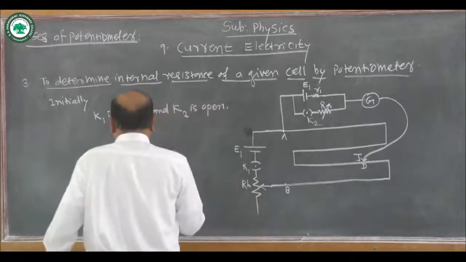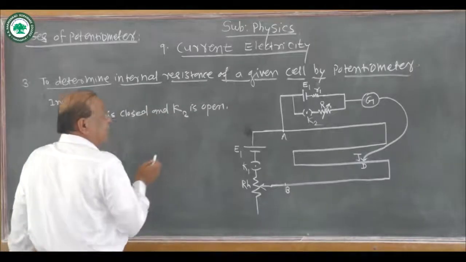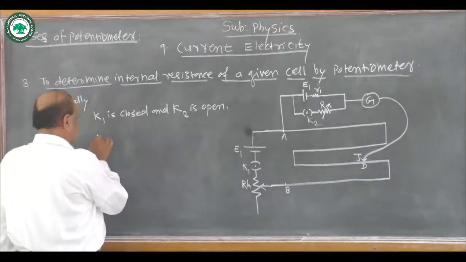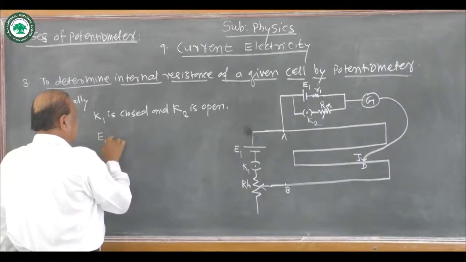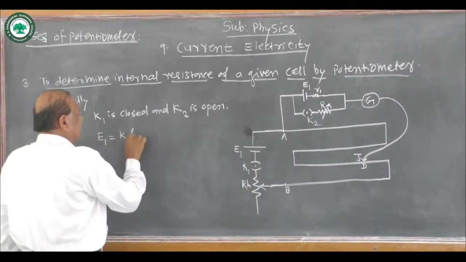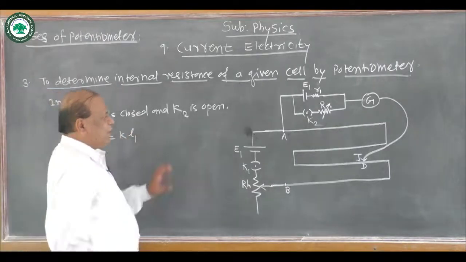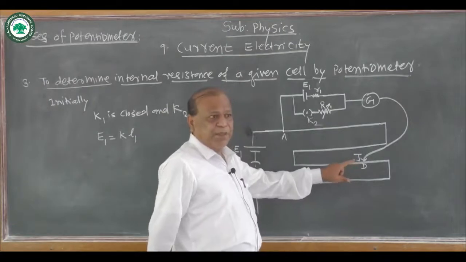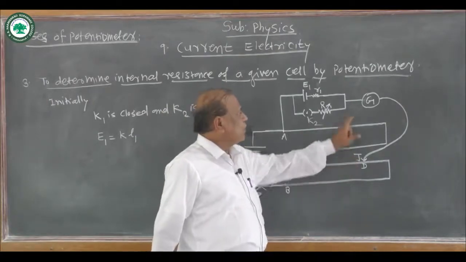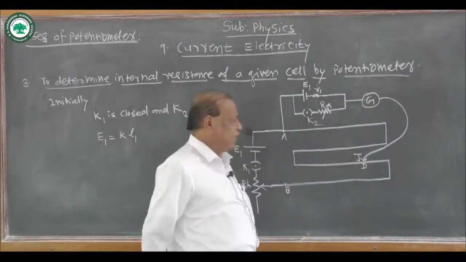By the principle of potentiometer, the potential E1 is equal to K into L1, where L1 is the length of wire AD. D is the point at which the galvanometer shows zero deflection.